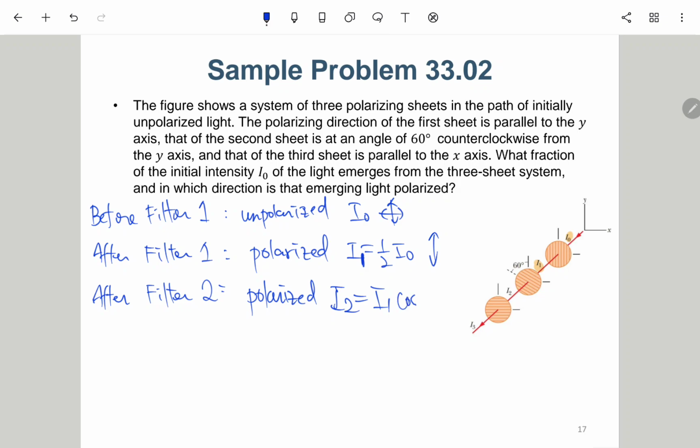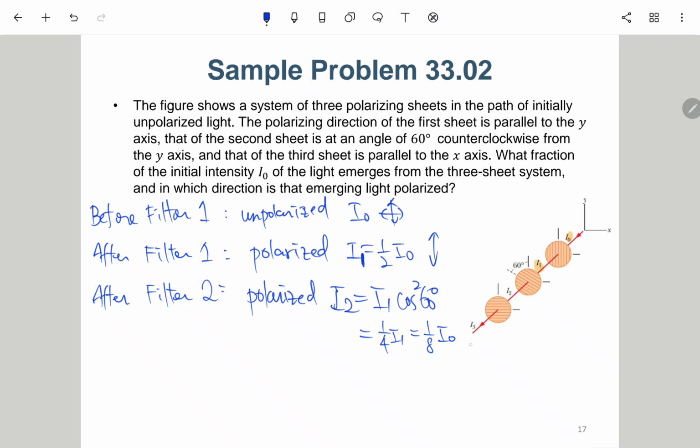Cosine 60 degrees is 1/2, so it is 1/4 of I1, and I1 is half of I0. So this is 1/8 of I0.